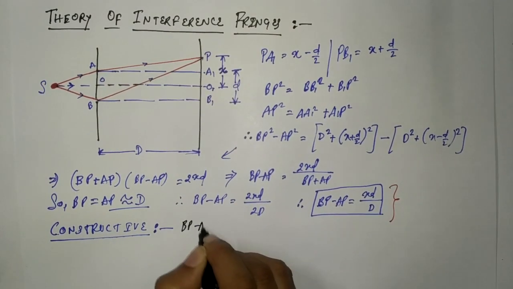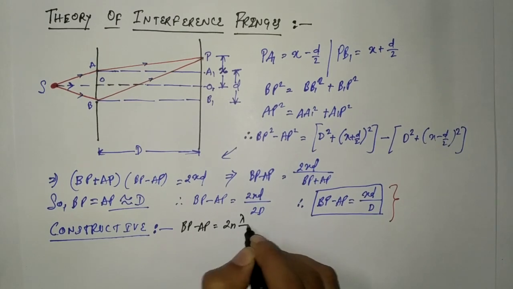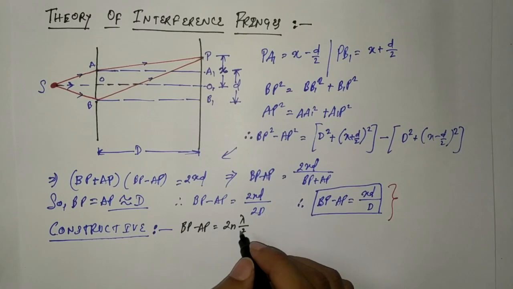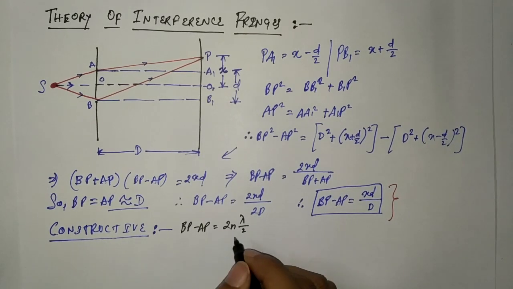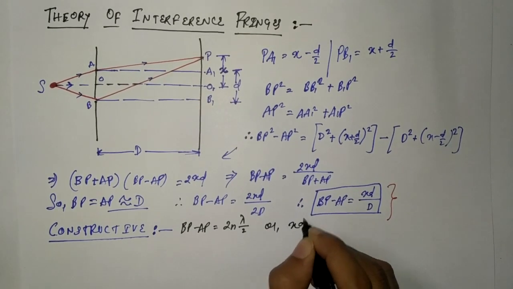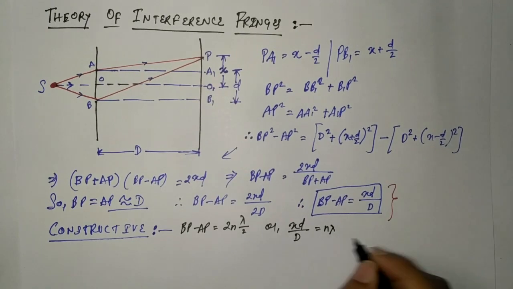BP minus AP is equal to 2n lambda by 2, where you all know that n equal to 0, 1, 2, like this. Or we can say that x small d by capital D equal to n lambda.